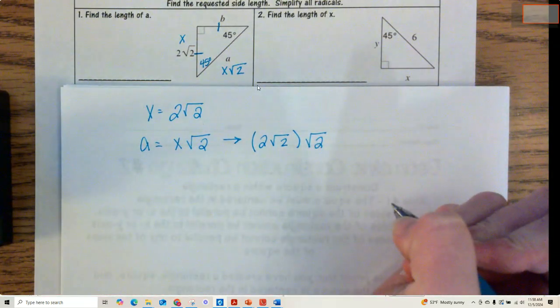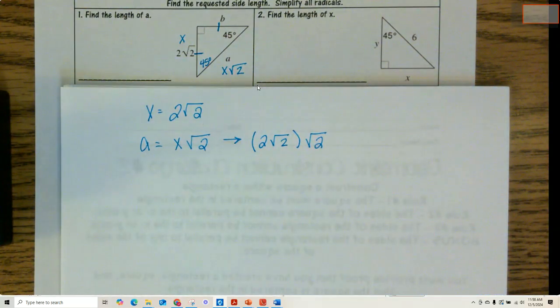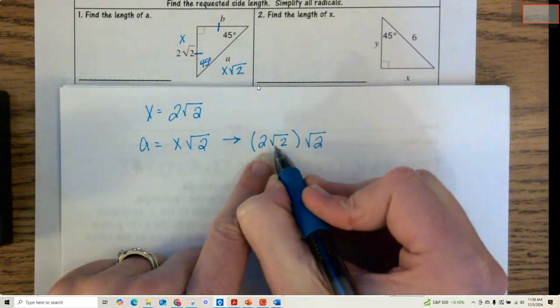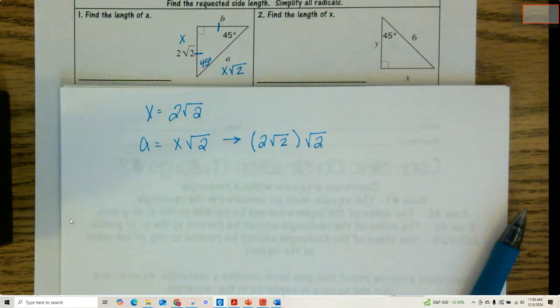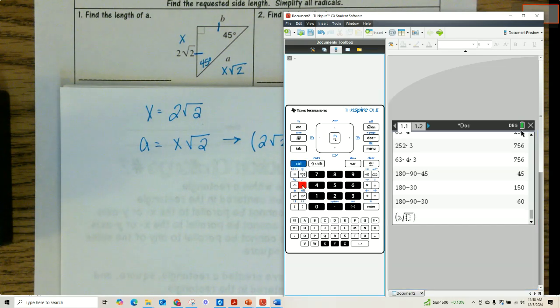That scares you, right? Like no clue what to do? It's easier than you think when you're multiplying them. If you type 2 times the square root of 2 times the square root of 2 into your calculator, it's a 4.